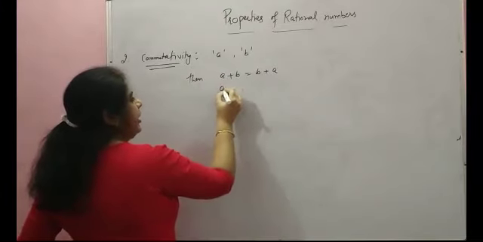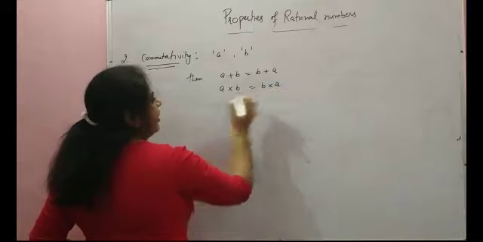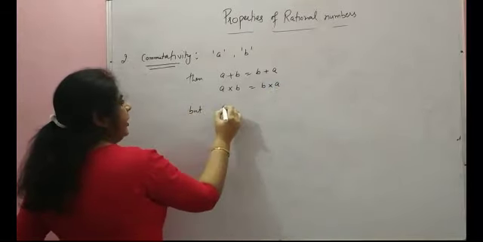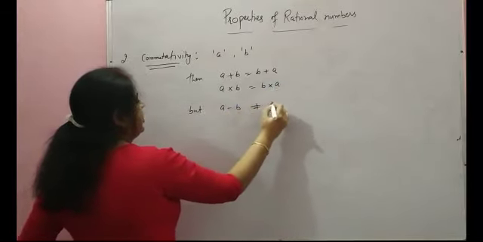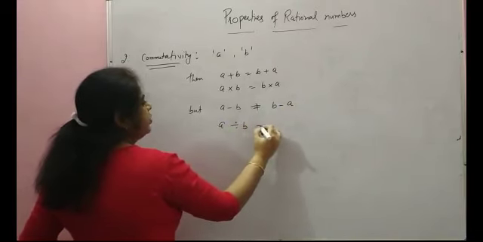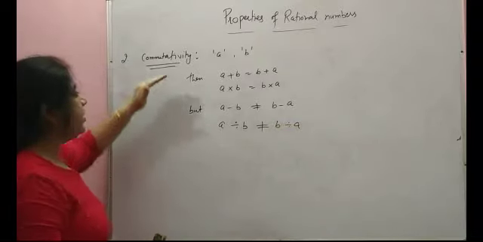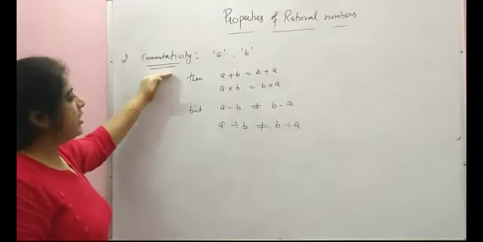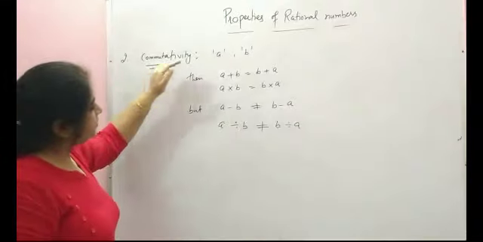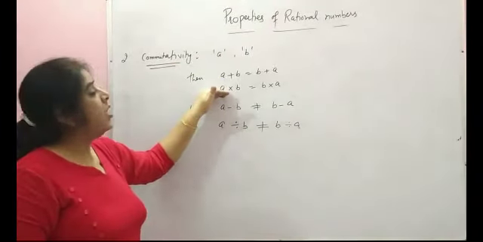A multiplied by B is equal to B multiplied by A, but A minus B is not equal to B minus A. A divided by B is not equal to B divided by A. It means commutativity says that two rational numbers can be added and multiplied in any order, and the answer will remain the same.